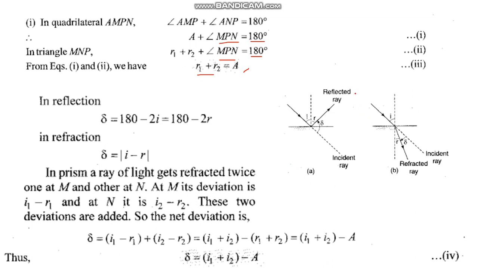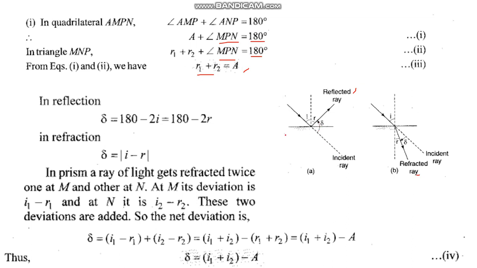Now we have two situations: a reflected ray and a refracted ray. For a reflected ray, what is the deviation? This was the angle of incidence. Here angle of incidence is equal to angle of reflection. The ray would have gone in this dotted line fashion. So here delta is the deflection.